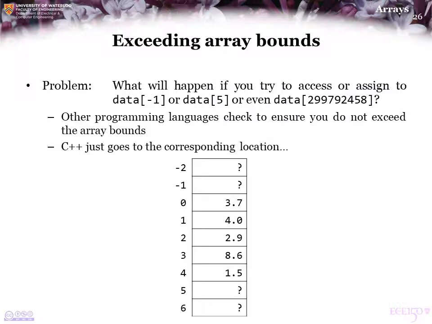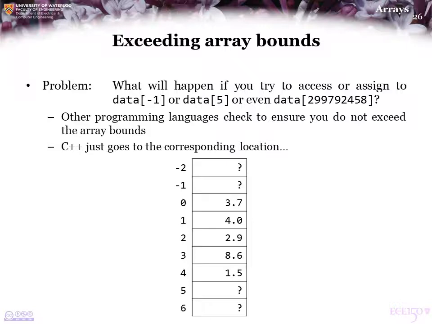And if you tried to access data 5, it would just access the memory immediately after the memory allocated for data 4. The problem is this memory may be allocated for some other reason. So you may be accessing or overwriting memory used for something completely different, like another local variable, or worse, an instruction or something like that.